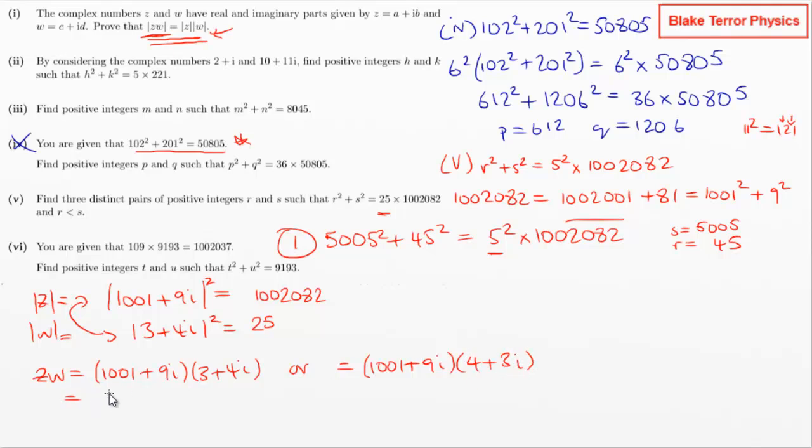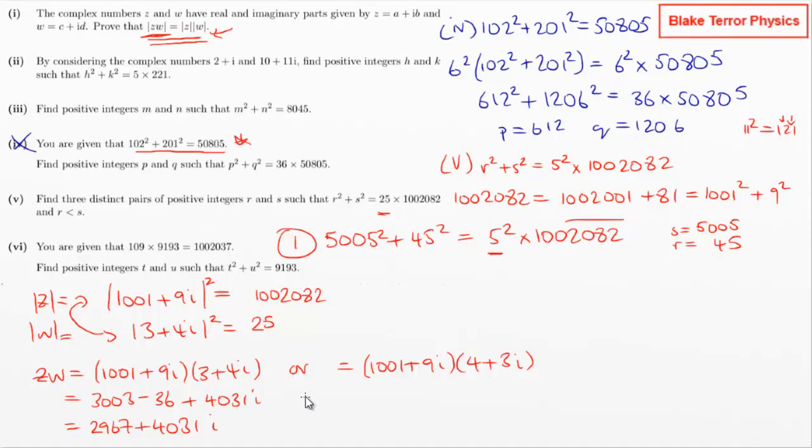Okay, so what's this then? That is 3003 minus 36. And then for i's, I've got 4004 plus 27, so 4031i. And then this is going to be 33 off of there, so 2967 plus 4031i. So they should be my two numbers then.